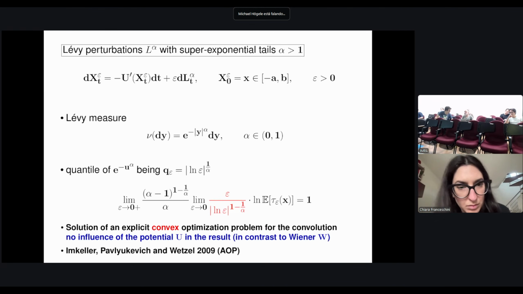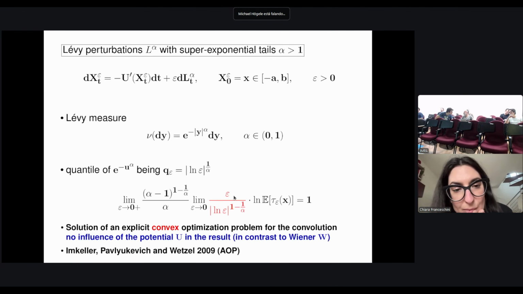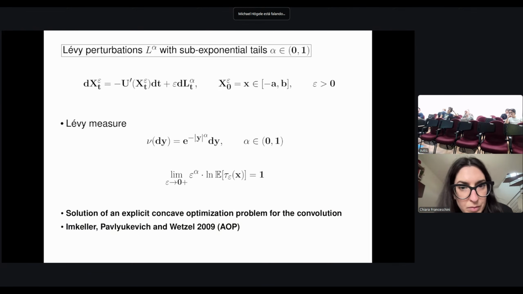What happens there is you suddenly don't have e to the alpha here, but you have something like epsilon to the 1, and then some kind of correction appears. This correction has to do with the quantile, and it's rather different. So in their papers, in the Annals of Probability, they put up the whole scale of different exit times. These results were obtained by looking at the compound Poisson case for a fixed number of increments.